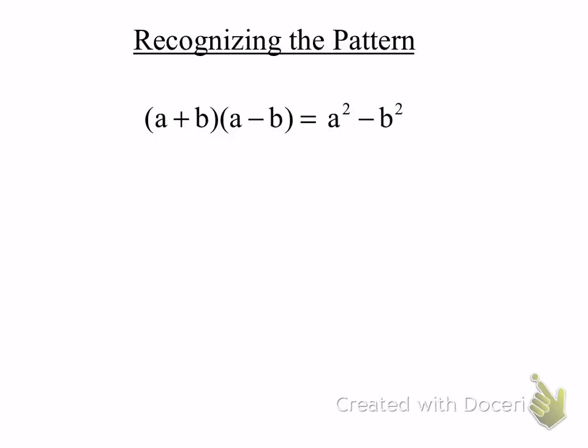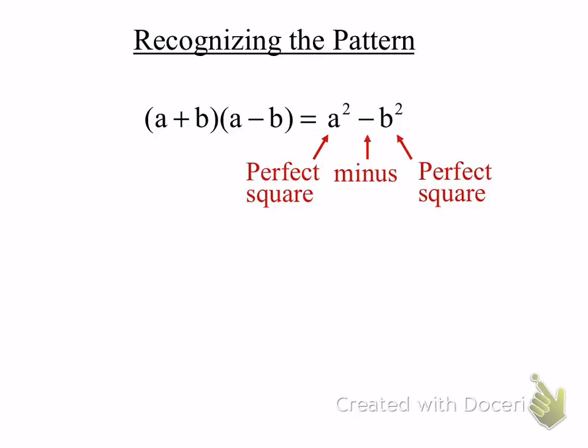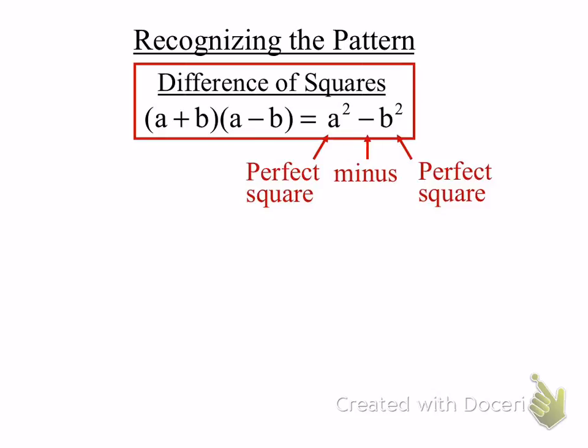We know that we square the second term, but when I go A times negative B is negative AB, and B times A is positive AB, they cancel each other out. And so what we have is a perfect square minus a perfect square. That's why we call it a difference of squares. Everybody say a difference of squares. Difference of squares. All right?